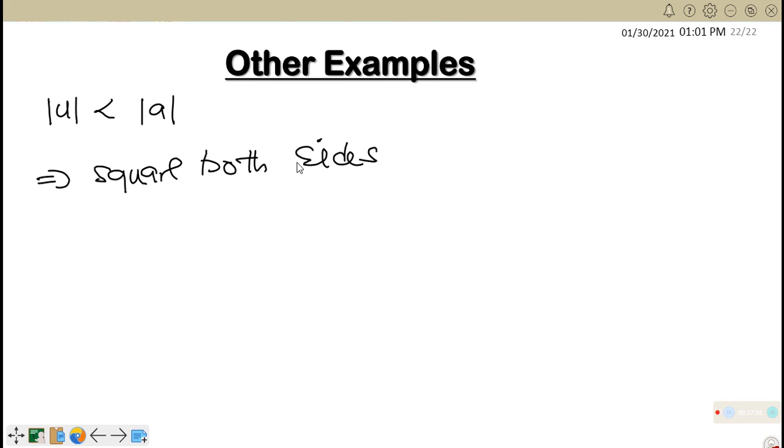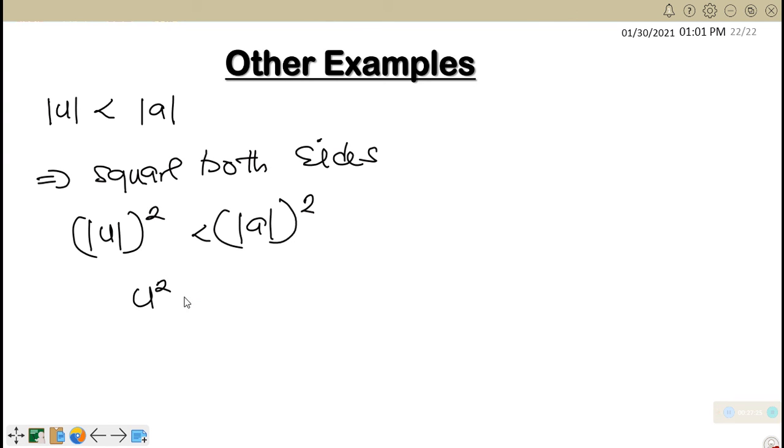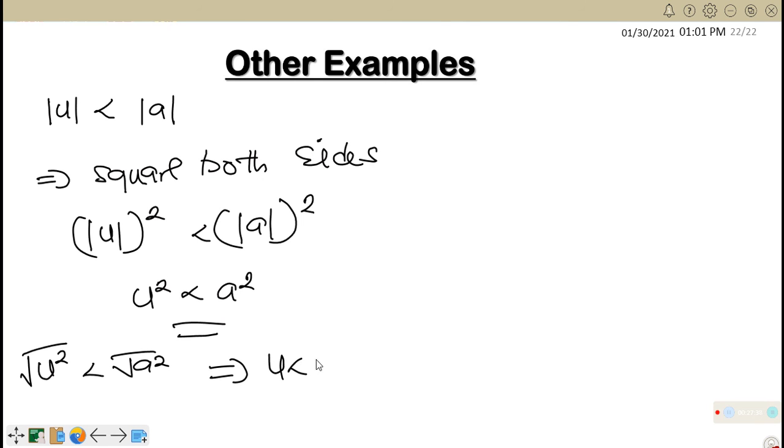That will give us absolute value of u all squared less than absolute value of a all squared, and that is simply u squared less than a squared. Then you can take the square root of both sides, and you have u is less than a. That's the solution of this one.